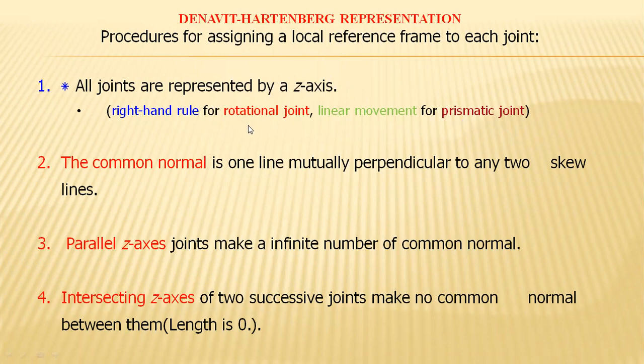And the common normal is one line mutually perpendicular to the two skew lines. So the common normal acts in creating the asymmetrical motions based on that particular axis.